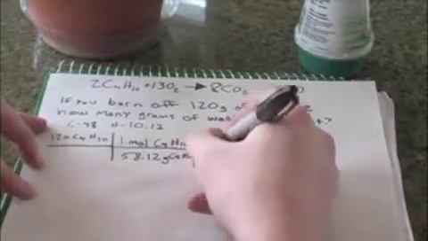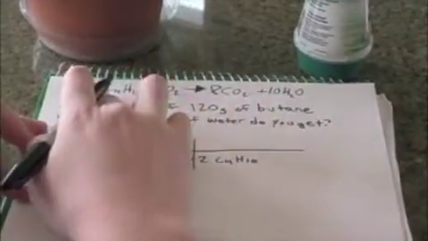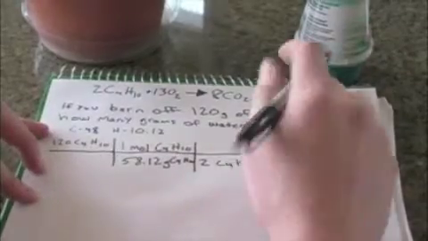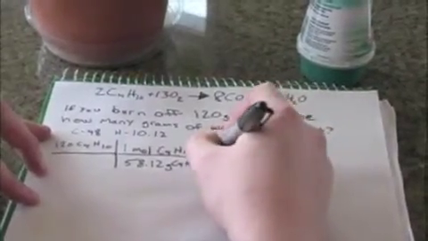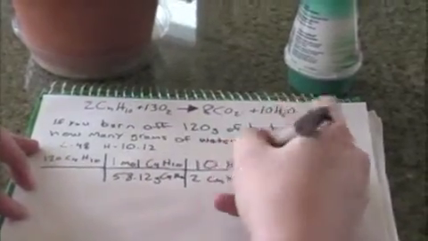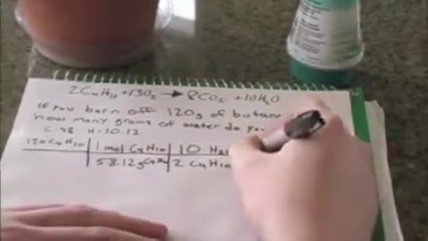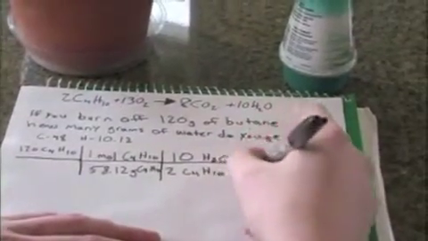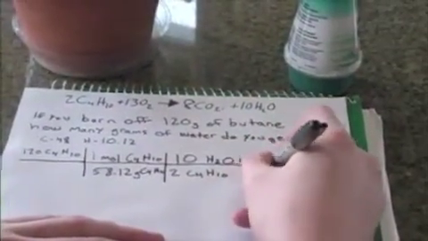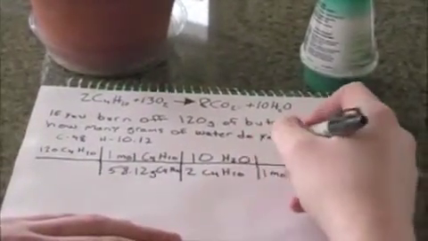And then you do the ratio of butane to water, and you have to cancel these two out, so the 2 moles of C4H10 goes down here because 2 moles equals 10 moles of H2O. And then you have to do the molar mass of the water, so these two have to cancel out, so you do 1 mole of H2O, and then you do the molar mass, which is up here.